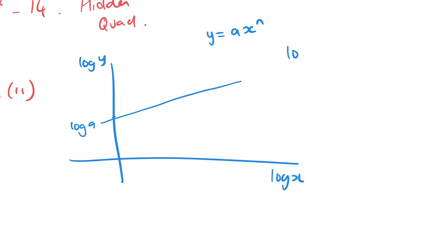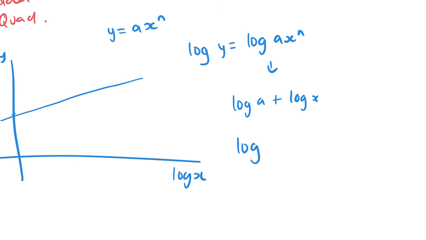So essentially, log of y equals log of ax to the n. How do we, using log laws, log of a plus log of x to the power of n, which is log of a plus n log of x. Okay. Your log of a is your y-intercept and your n is your gradient. Make sure you remember that.